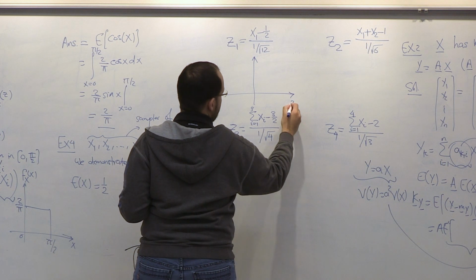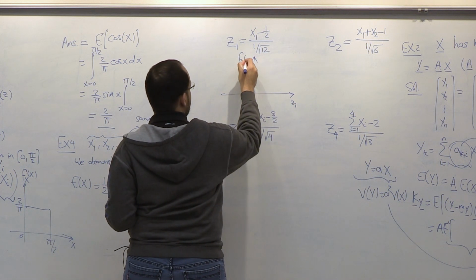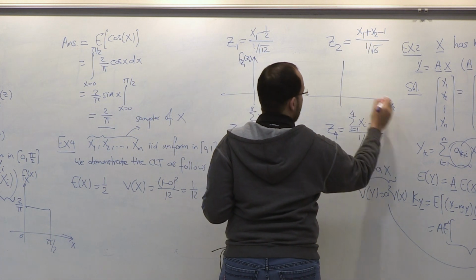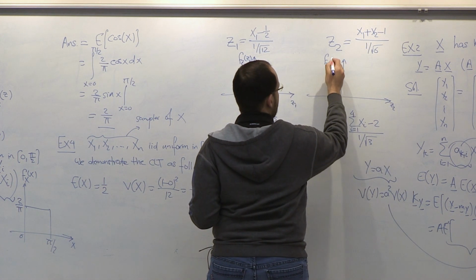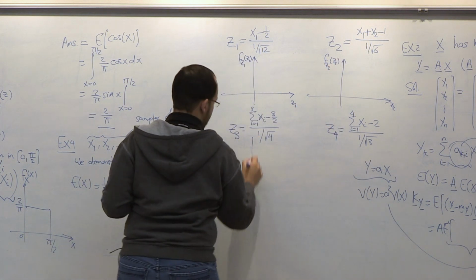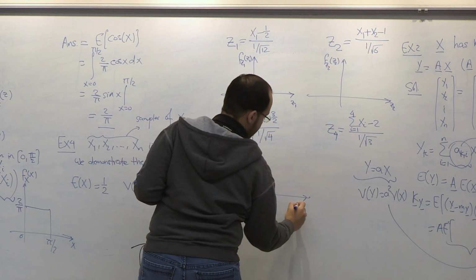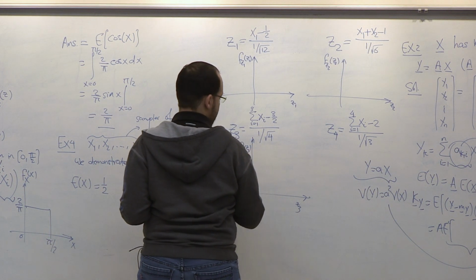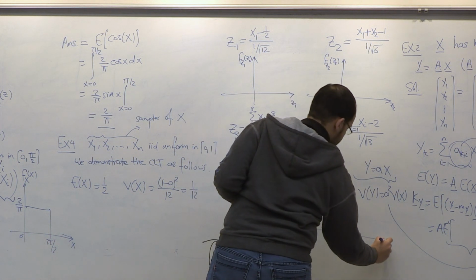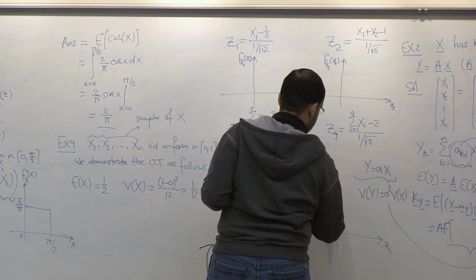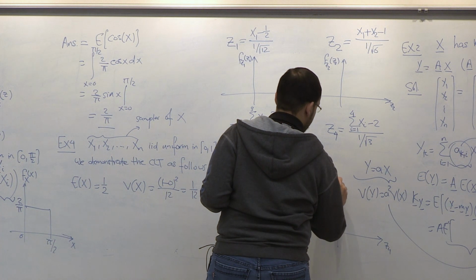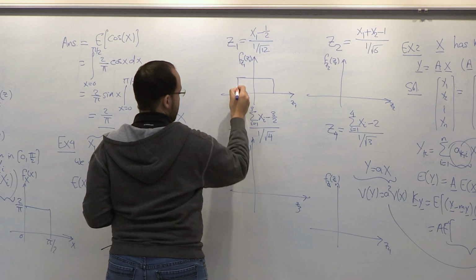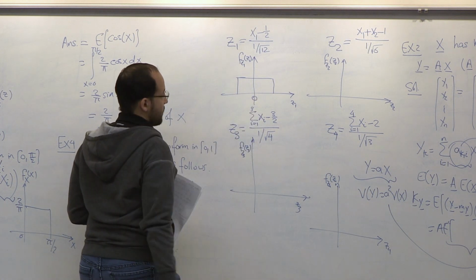So we have z1 with f z1 of z1, and then we have z2 with f z2 of z2, and then we have z3, f z3 of z3, and then we have z4, f z4 of z4. This thing looks like this, centralized around the 0.